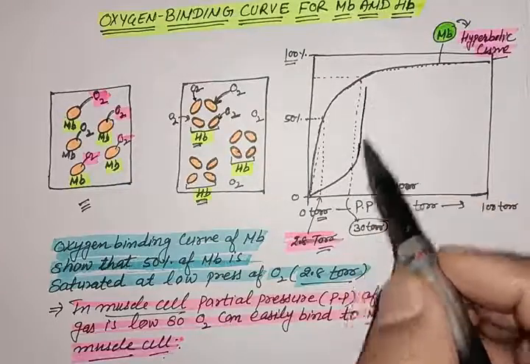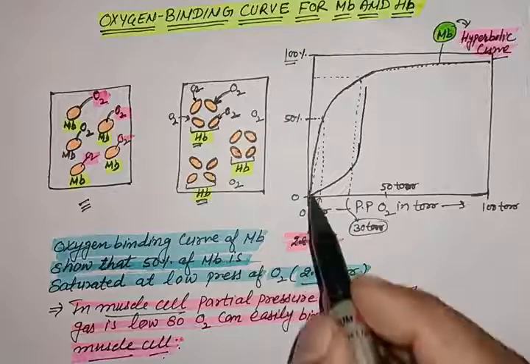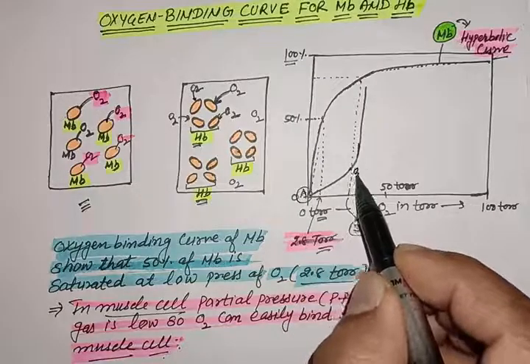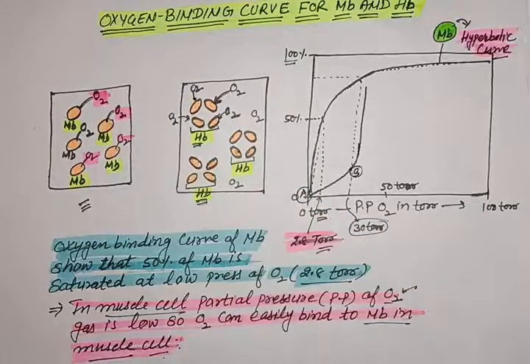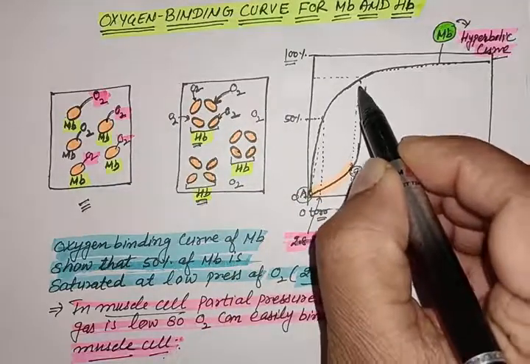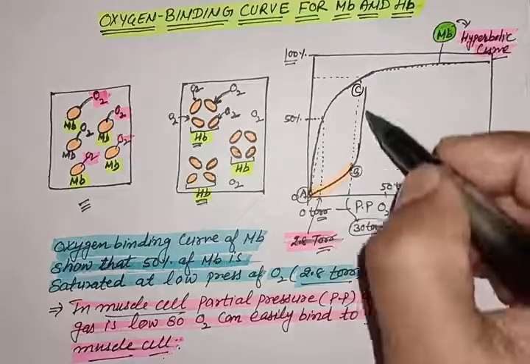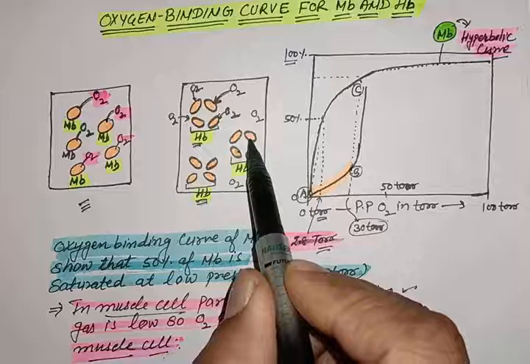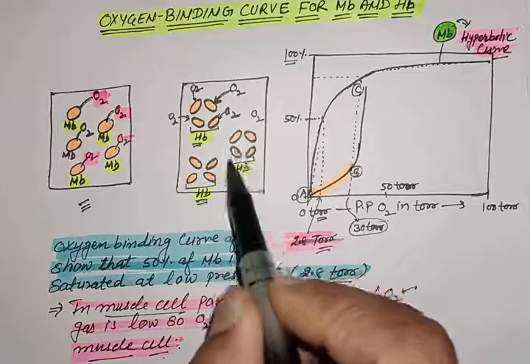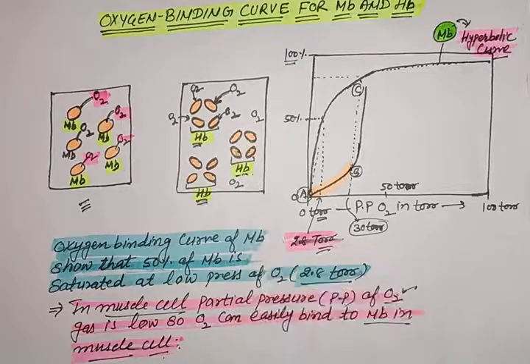So from point A to B, there is a competition between the heme groups to attach the oxygen molecule, and from point B to C, there is a cooperativity effect, because after the attachment of oxygen at one heme group, this heme group helps to attach oxygen to the rest of the heme groups in hemoglobin.